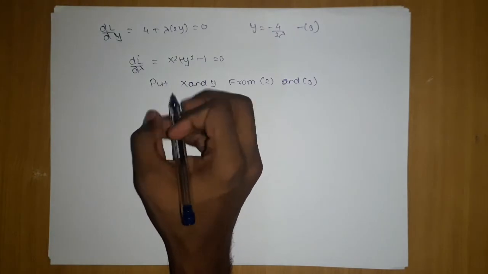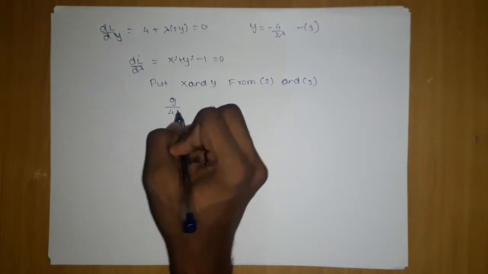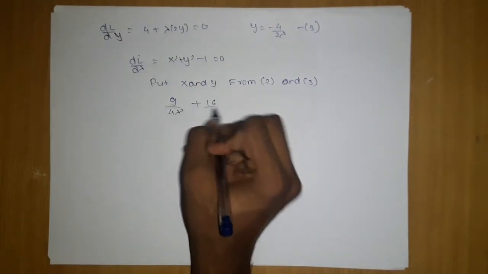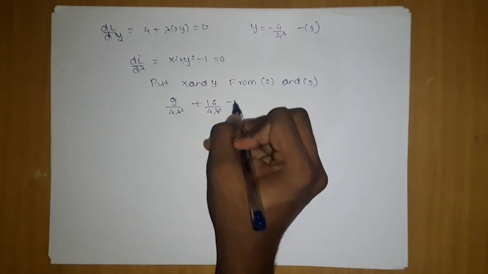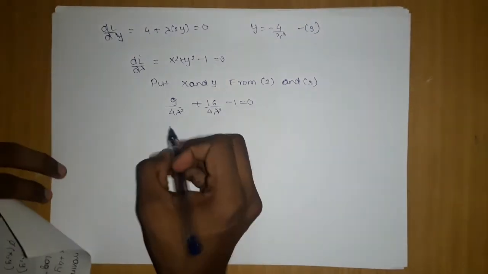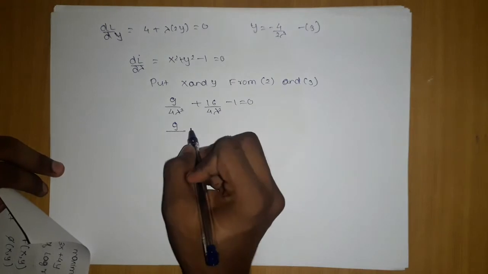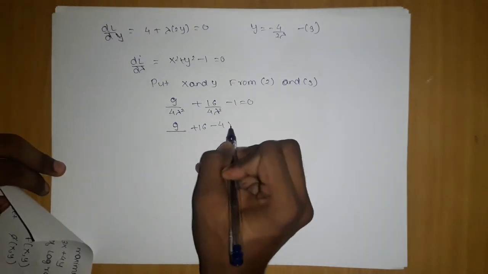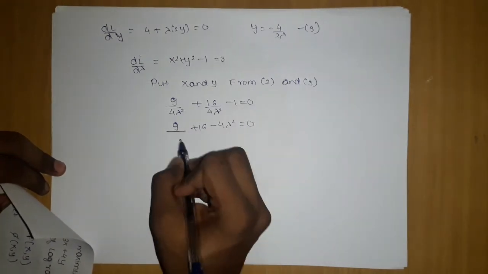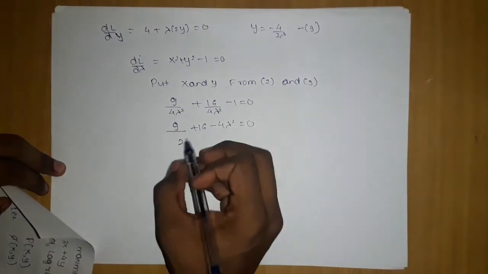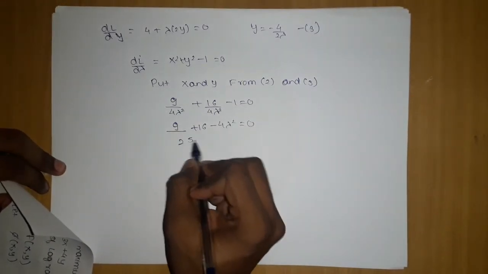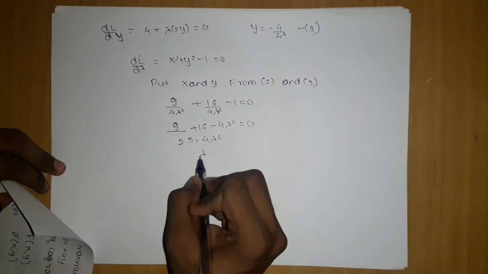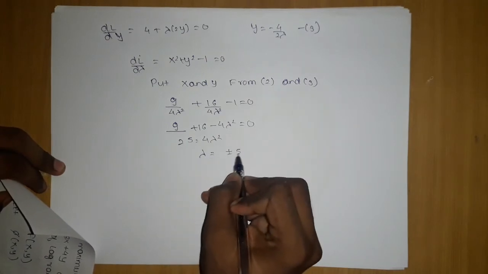Substituting, 9 by 4 lambda squared plus 16 by 4 lambda squared minus 1 equals 0, giving 9 plus 16 minus 4 lambda squared equals 0. Multiplying throughout by 4 lambda squared, 25 equals 4 lambda squared, so lambda equals plus or minus 5 by 2.